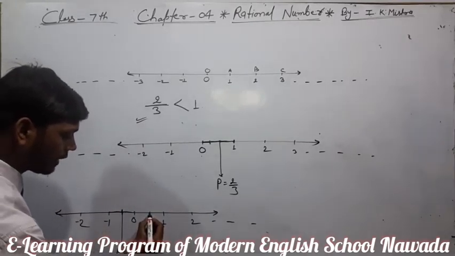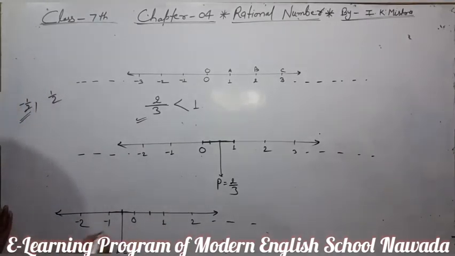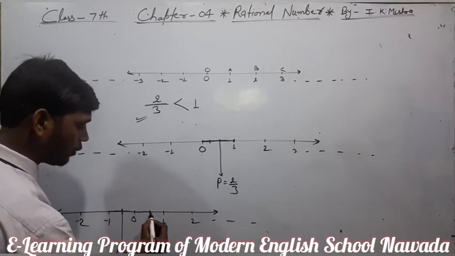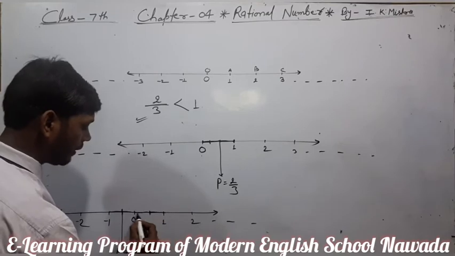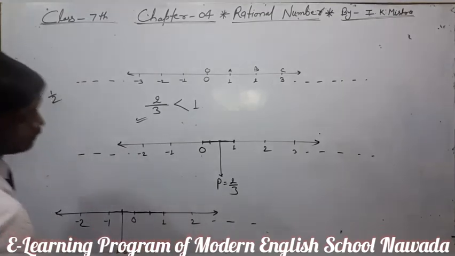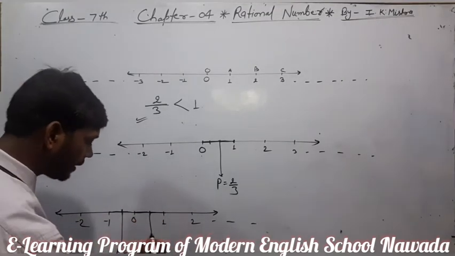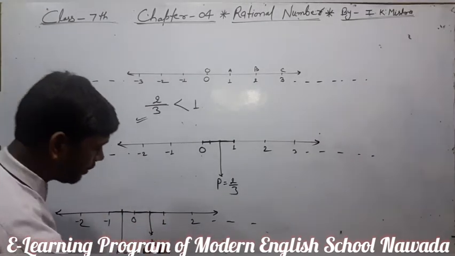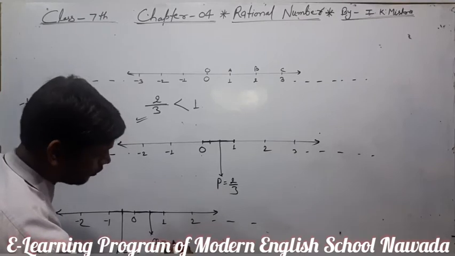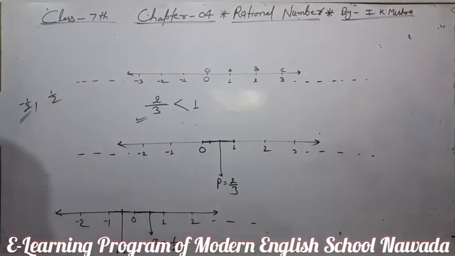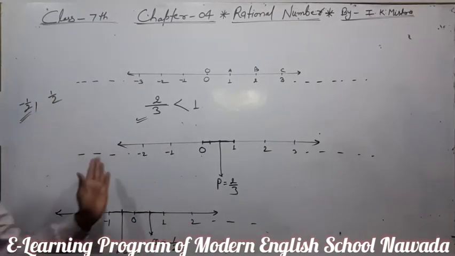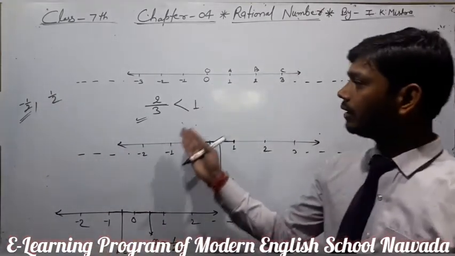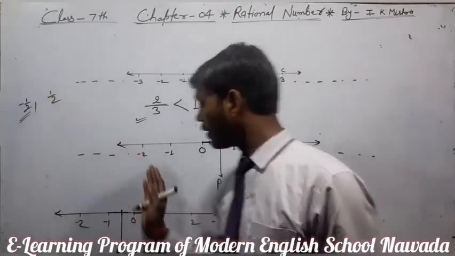Here I mark a point, and between 0 and 1 this part is divided into two equal parts. That means it is point Q equal to 1 by 2. This type of process is used to represent all the rational numbers on a number line.